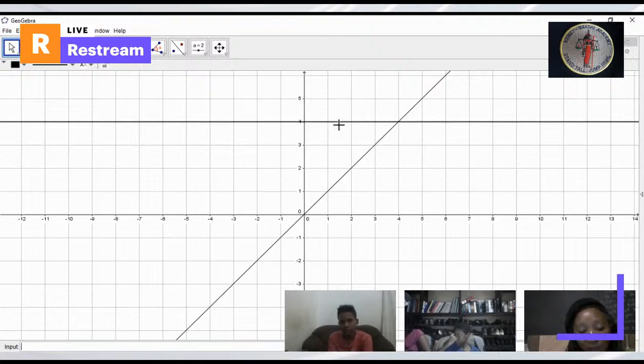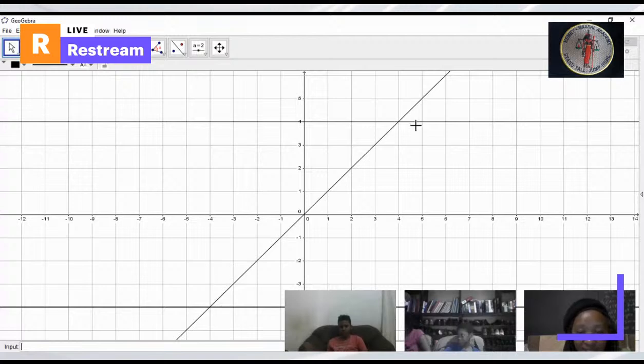How about the line y = -4? That's the opposite line. So here it is down here in the negative y. It runs straight through -4 on the y-axis.